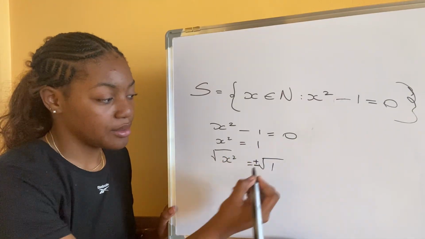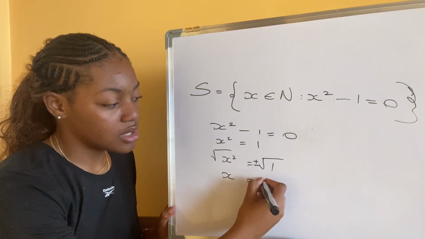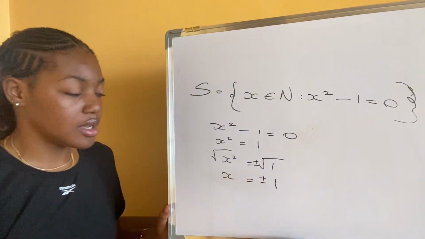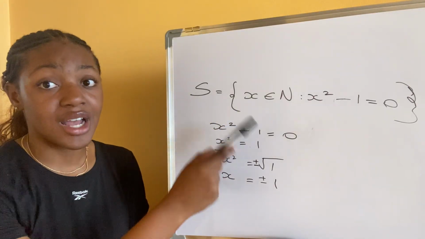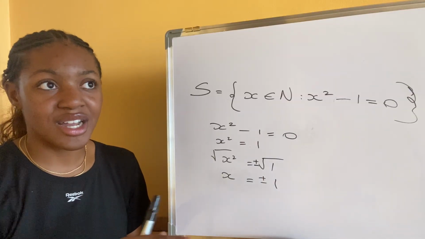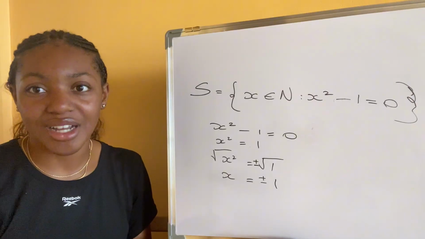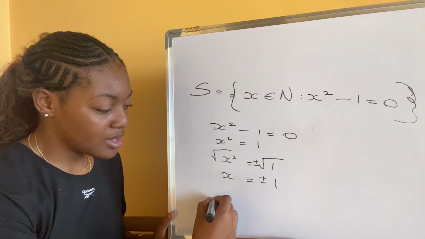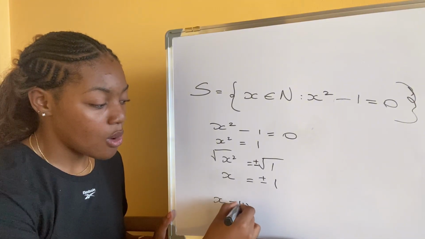So we have x is equal to positive 1 or negative 1. Recall that the set is telling us that x is a member of natural numbers. We start natural numbers from 1. So no negative number is included in natural numbers. Therefore, for this set, we're only considering the solution x is equal to positive 1. And the number of elements that is a part of the set is 1, so our answer would be B.